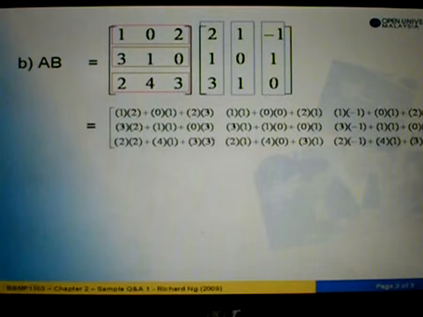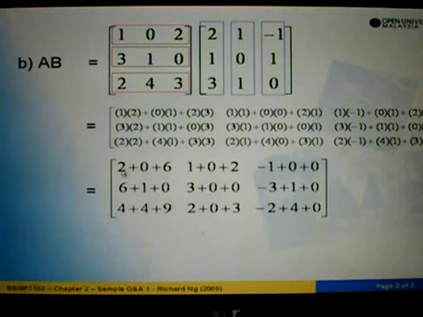Okay, so next step is to simplify these elements that we have found. Here we have 1 times 2 will give us 2, 0 times 1 is 0, 2 times 3 is 6, and then 1 times 1 is 1, 0 times 0 is 0, 2 times 1 is 2. Next, 1 times negative 1 is negative 1, 0 times 1 is 0, and 2 times 0 is 0.